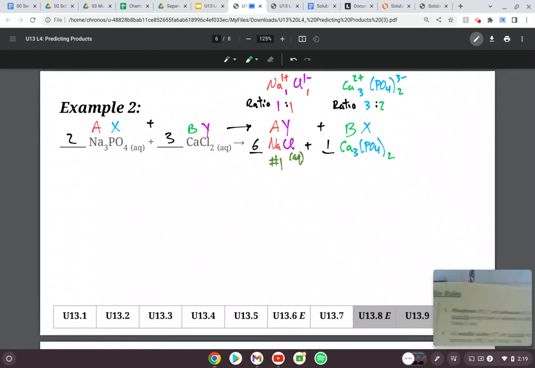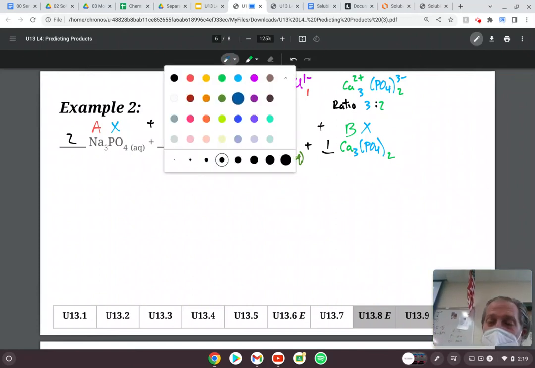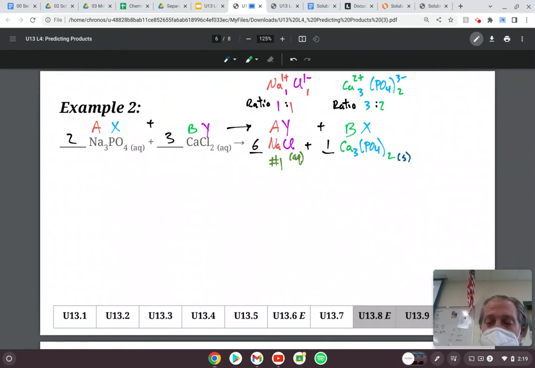So now I need to continue on to rule number 5, and rule number 5 talks about phosphates, PO4, and carbonates, and it says that they are insoluble except if they're with NH4 and group 1 ions like lithium, sodium, potassium, rubidium, cesium, francium. And since that's not present, it tells me that it's insoluble, that means that this is a product that forms a solid because of rule 5.